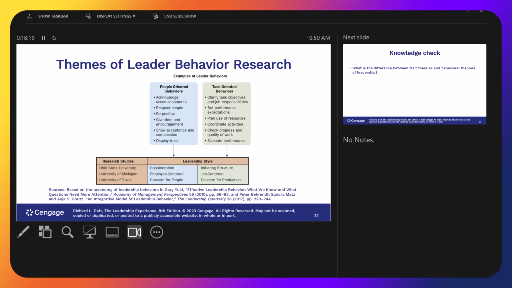Task-oriented: clarify task objectives, job responsibilities, set performance expectations, plan use of resources, coordinate activities, check progress and work quality, evaluate performance. So you see leadership styles down below. One is initiating and one is consideration. And there are times when Ia good leader would have to do both of those.